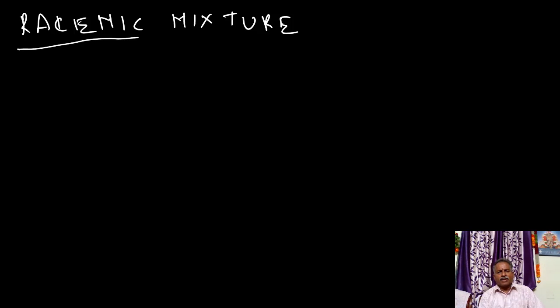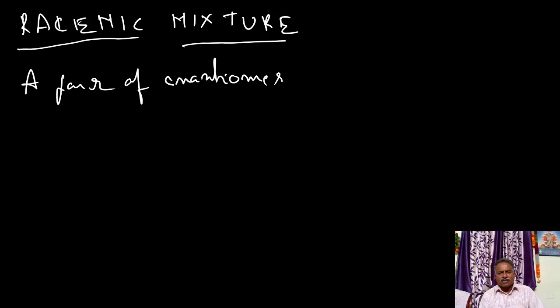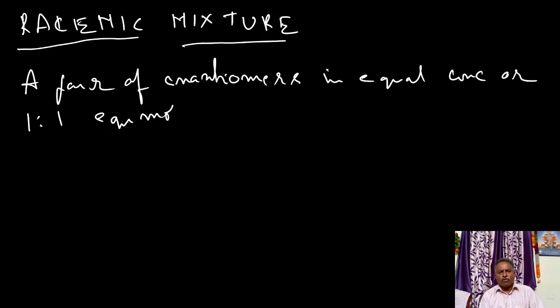Racemic mixture. A racemic mixture means a pair of enantiomers in equal concentrations. Equal concentrations means a 1:1 ratio, also referred to as equimolar concentrations. So a mixture of a pair of enantiomers in equimolar concentrations is known as a racemic mixture.